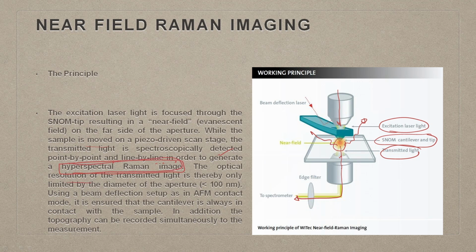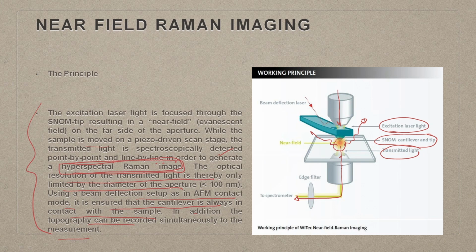The optical resolution of the transmitted light is thereby only limited by an aperture diameter of less than 100 nanometer. Using a beam deflection setup, as in AFM contact mode, it is ensured that the cantilever is always in contact with the sample. In addition, the topography can be recorded simultaneously along with these measurements.